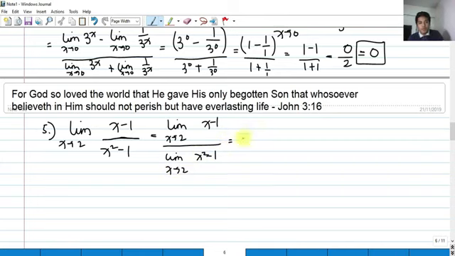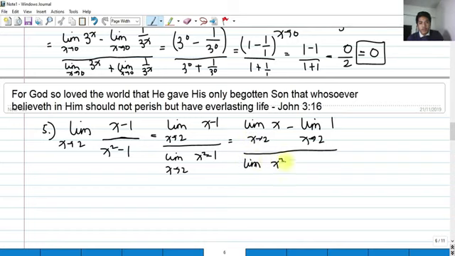And by properties, we can rewrite this as the limit of x as x approaches 2 minus the limit of 1 as x approaches 2, over the limit of x squared as x approaches 2 minus the limit of 1 as x approaches 2.